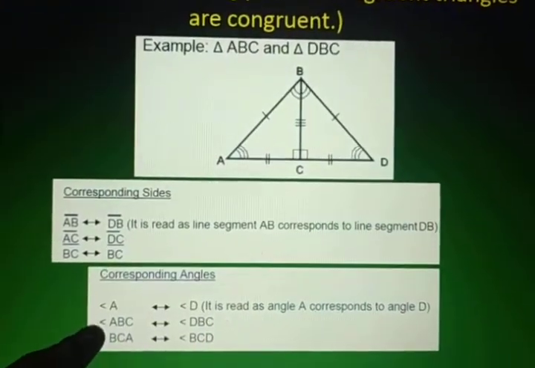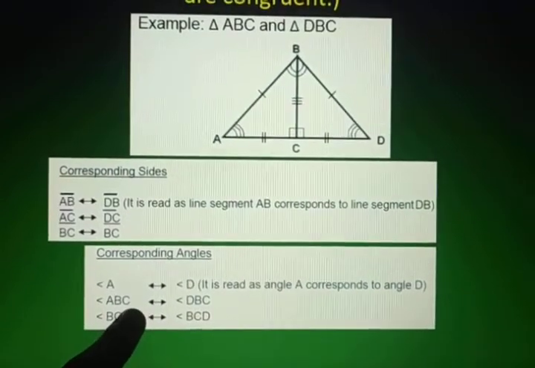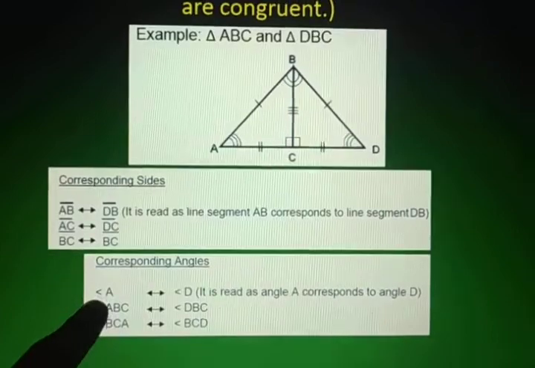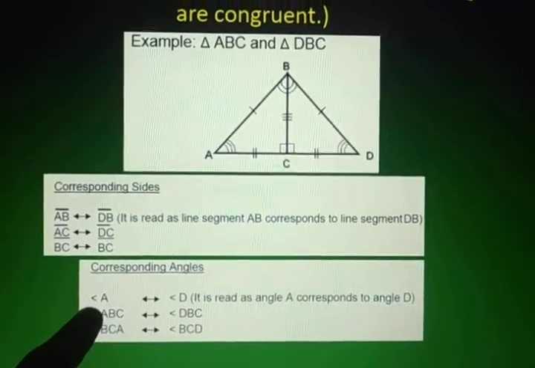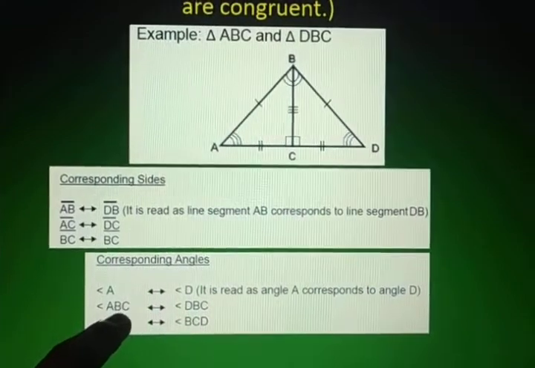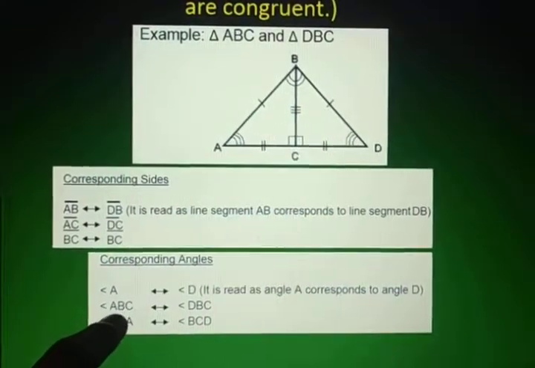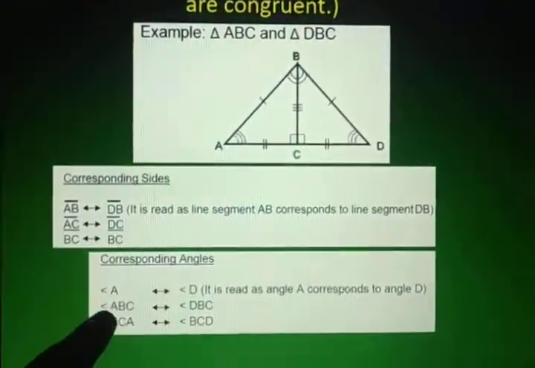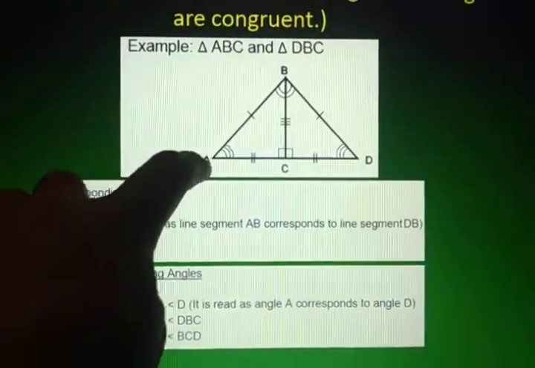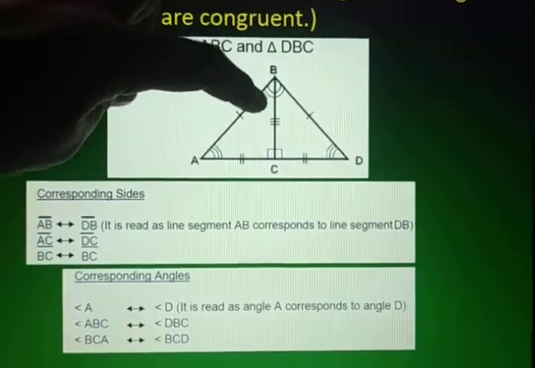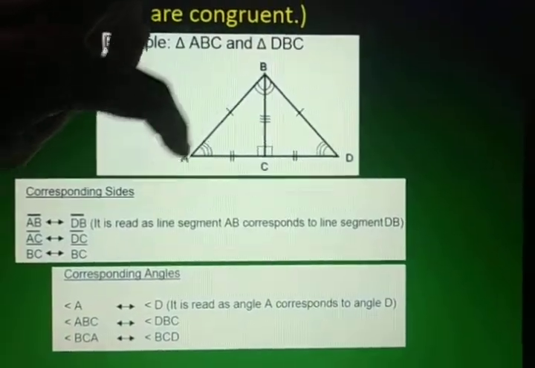Next, angle ABC corresponds to angle DBC. Now, class, you can write the angles with 1 letter or with three letters, as long as you concentrate on the middle letter, angle ABC. We use three letters because the two triangles are overlapping. Angle ABC, which means the middle is angle B. Here it is, angle ABC.